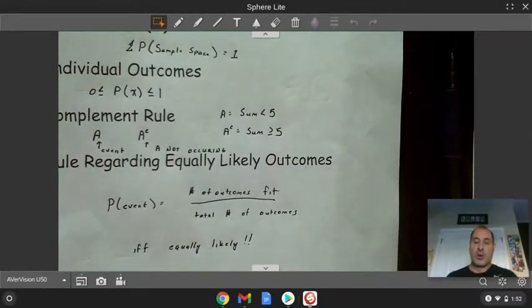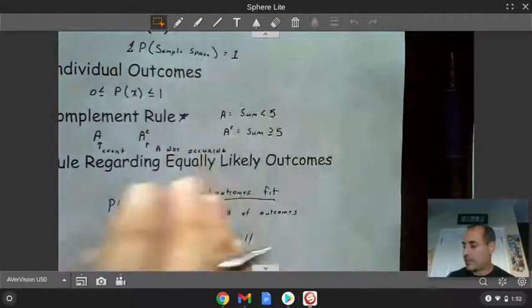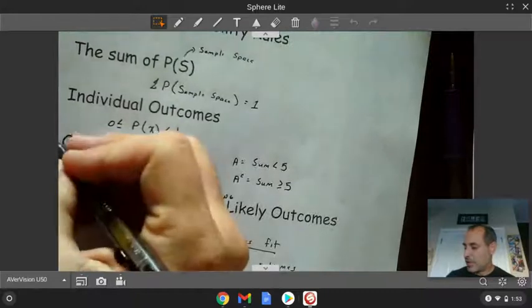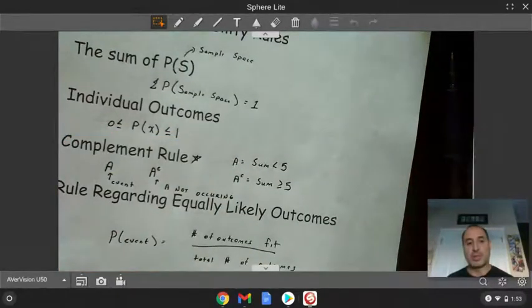So what did I cover here that was likely the most challenging thing? This complement rule. Believe it or not, this complement rule is one of the most important pieces to what we did. And in me teaching this way, I totally forgot the biggest idea of the complement rule.